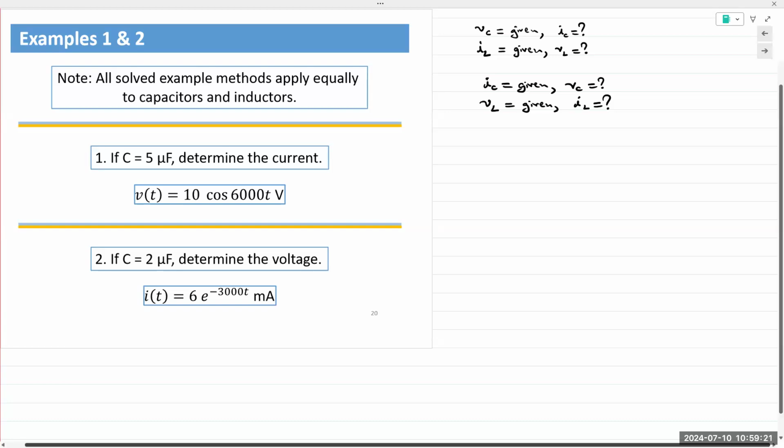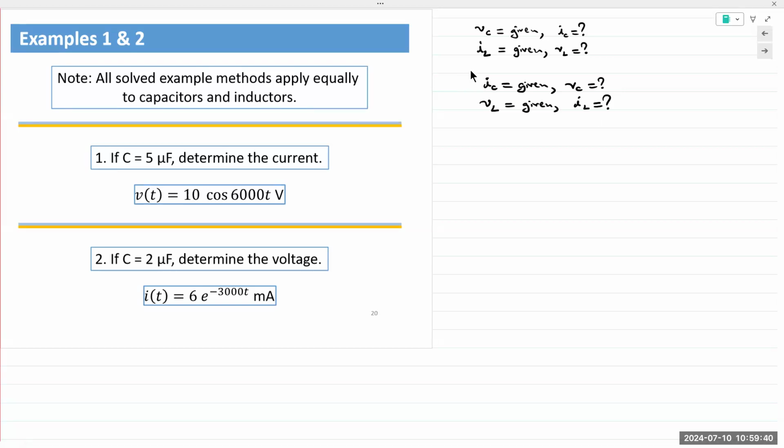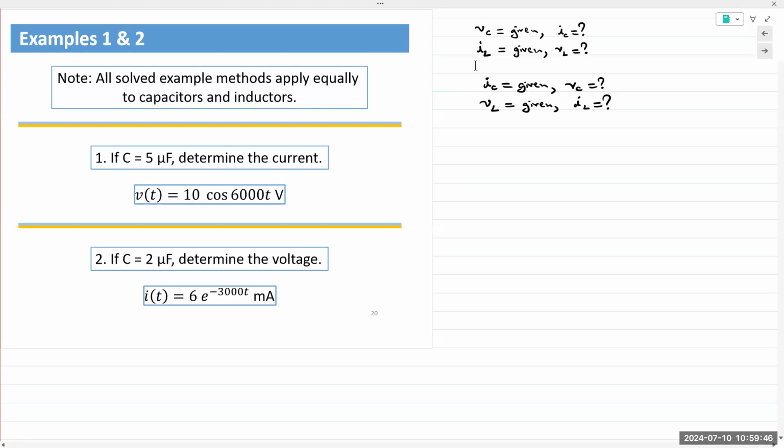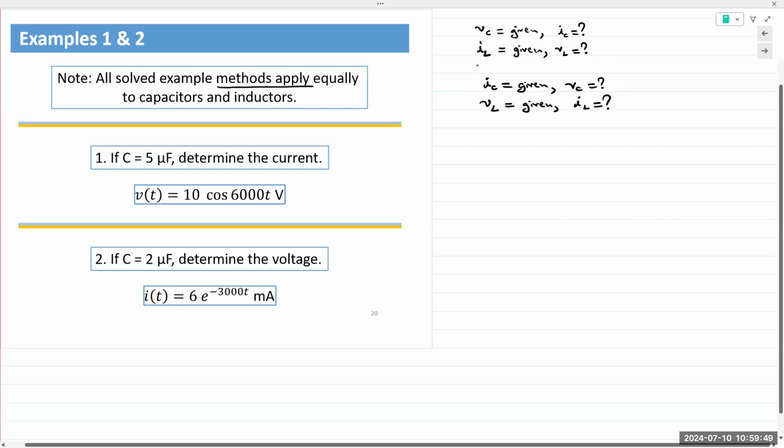And then the other examples are where a capacitor current is given and you're asked to find the capacitor voltage. The same example would apply for an inductor in the form of inductor voltage being given to you and you're asked to find the inductor current. So again, in all solved examples, the methods apply equally to capacitors and inductors.